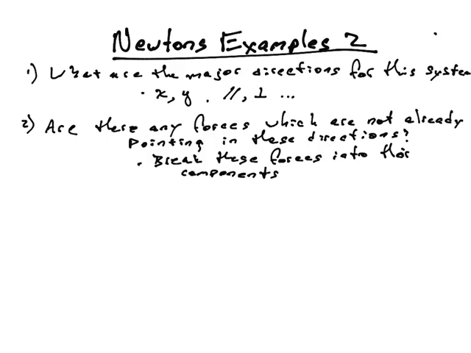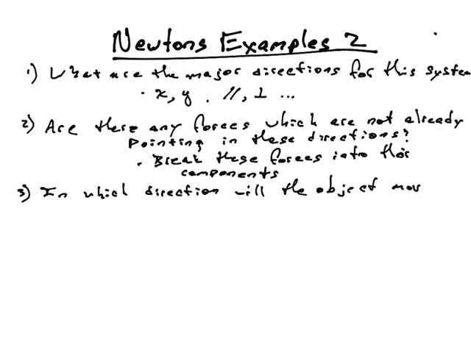So you have a horizontal table, a block has a force pointing at 30 degrees, break that force into X and Y components. That's what this means. Then when all of that's done, the third question says, in which direction will the object move?